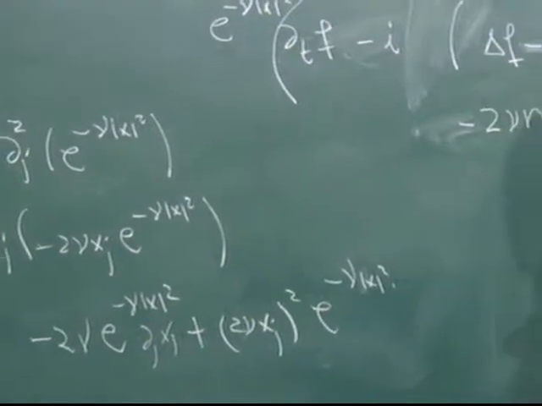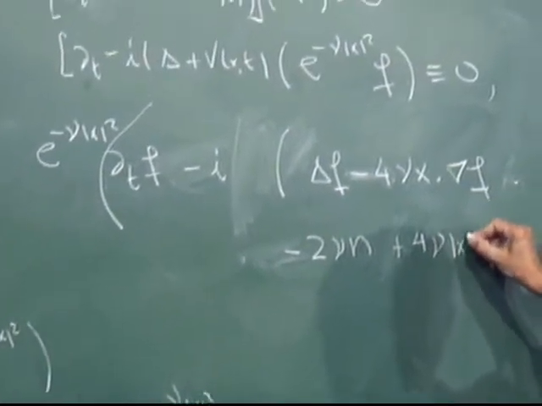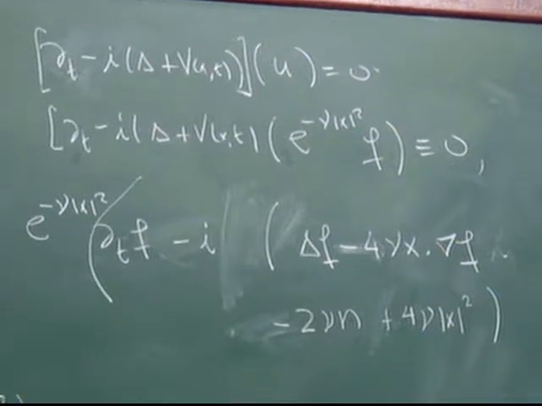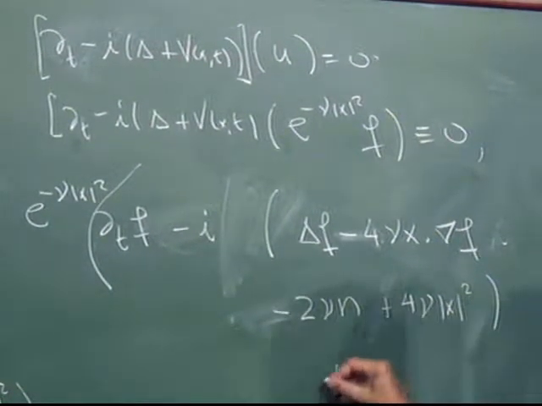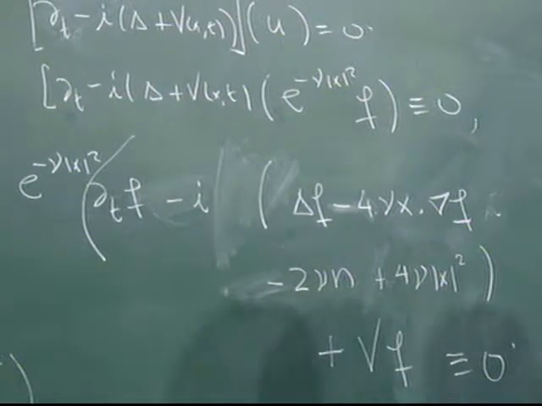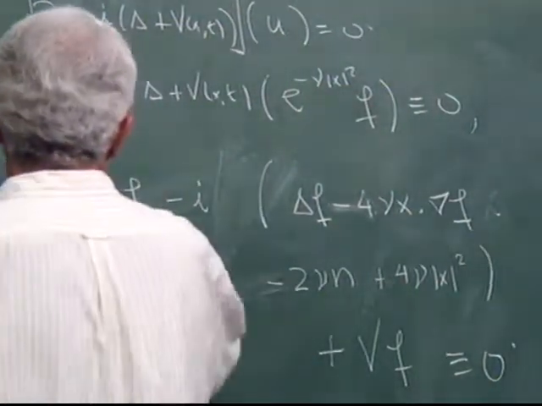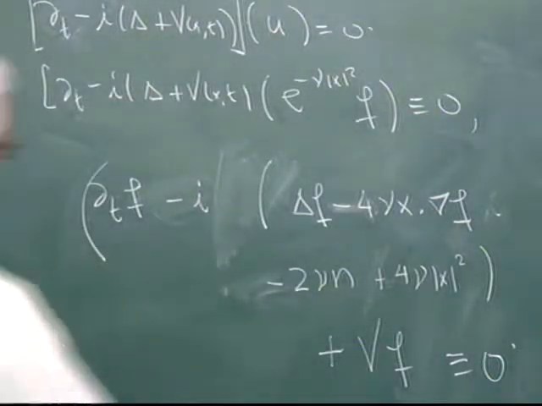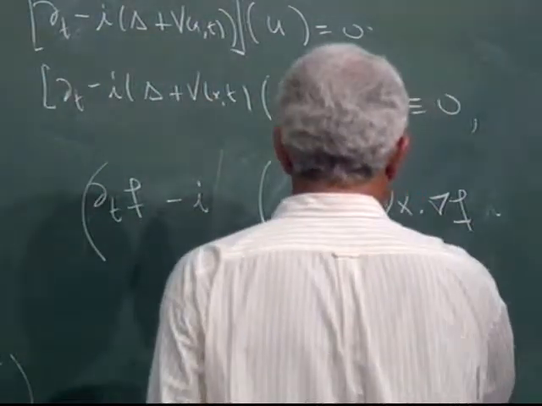This is going to be 4 x squared, is that okay? Plus bf equal to 0. Okay, this is the equation that f satisfies. All this multiplied by f, by the way.